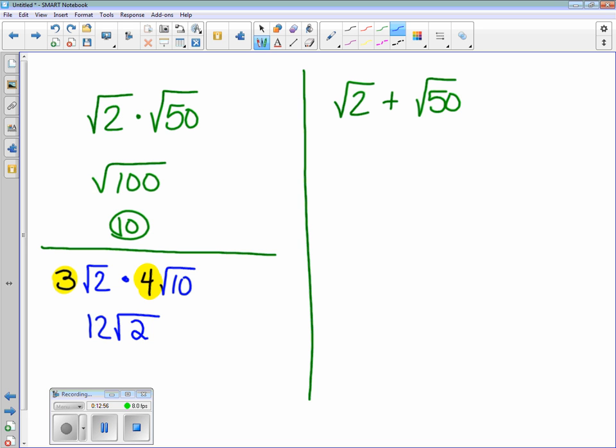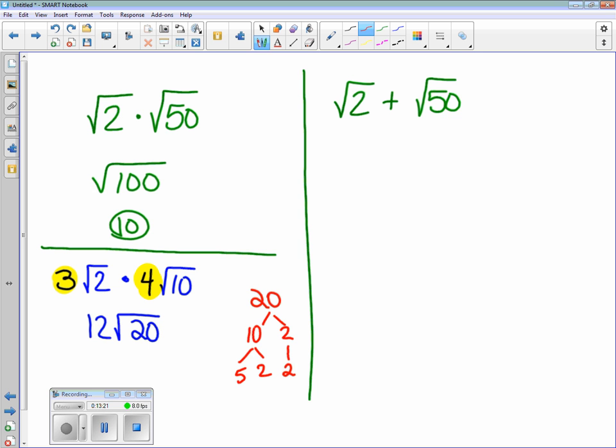Can I reduce the square root of 20? Yeah, so here's where we're going to do a little side work. How do I reduce the square root of 20? Give me some numbers that go into 20. 10 and 2. 2 is a prime number, so we'll bring it down. How about 10? 5 and 2.